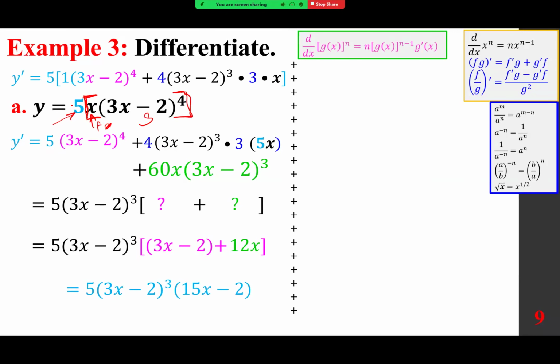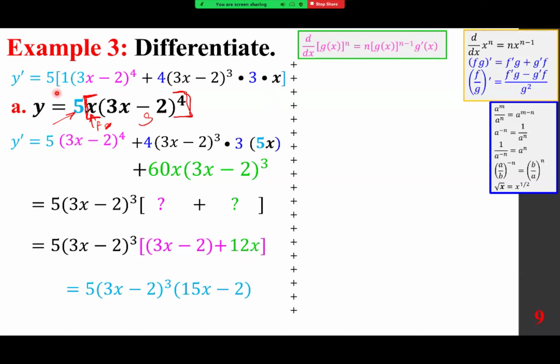So look at what happens, class. If you look at this one, we kept the 5 out. So instead of 5x, you're dealing with x, and the derivative of that is 1. Do you see that? (3x minus 2) to the power of 4 remains the same. Now this remains the same. Instead of 5x, you multiply by x.